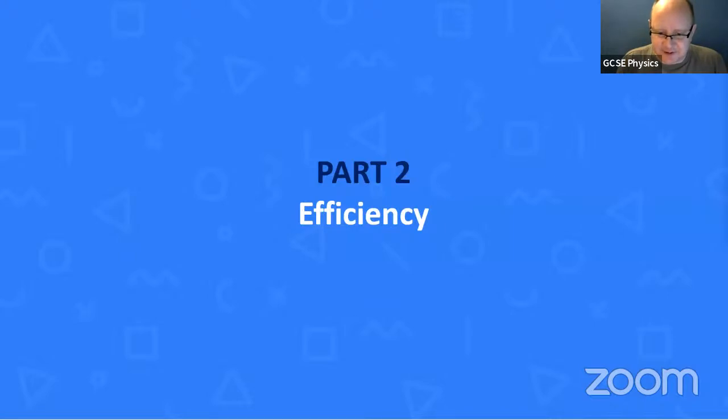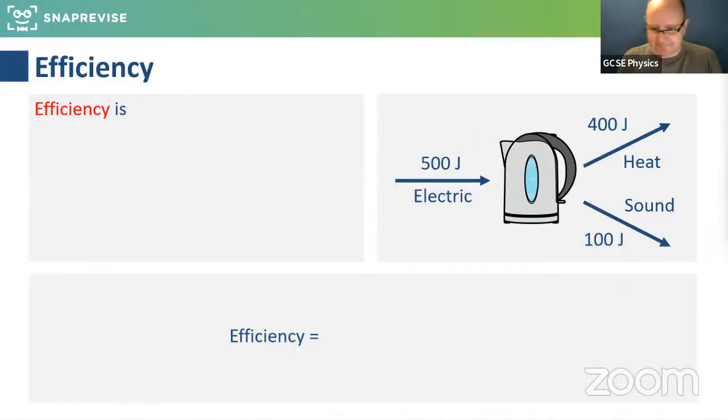Okay, so let's move on to part 2 now and talk about efficiency and the efficiency of a system. So efficiency is a kind of a measure of how much energy is usefully put to work in a system compared to the total energy that you put into a system.